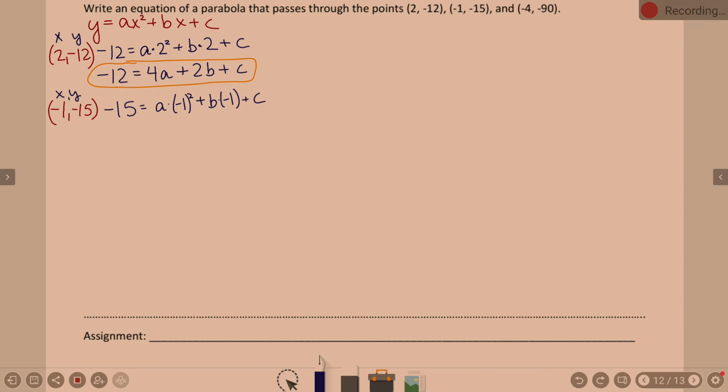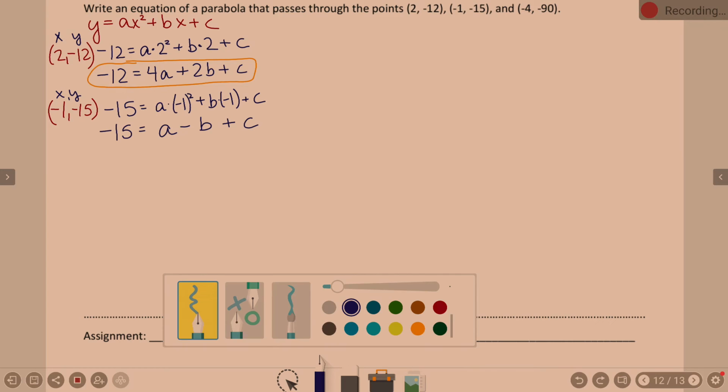Did you do this part right? I know a lot of you are ahead of me. Negative 1 squared is going to be positive 1, yes? So that's still going to be 1a, or a. B times negative 1 is minus b plus c. There's equation 2.